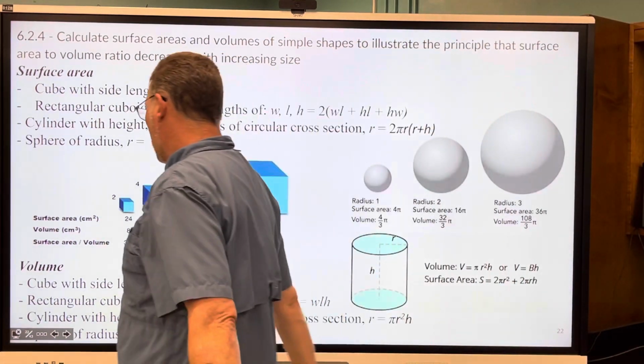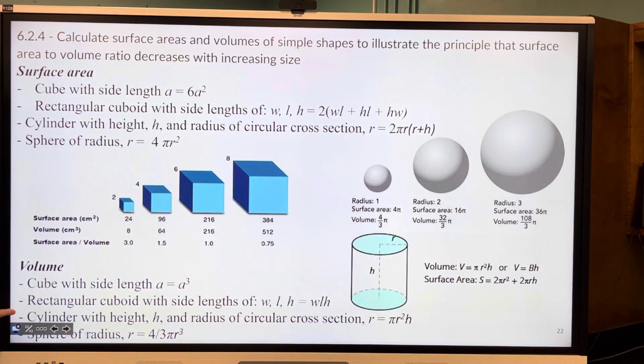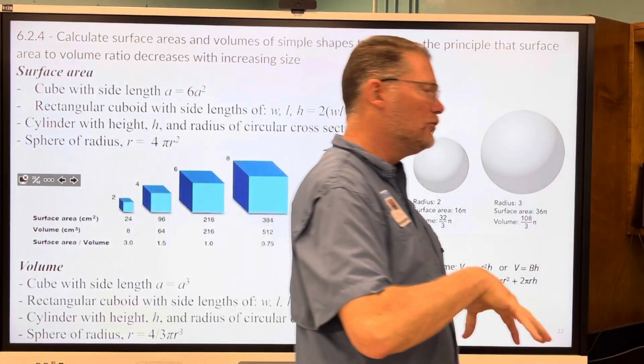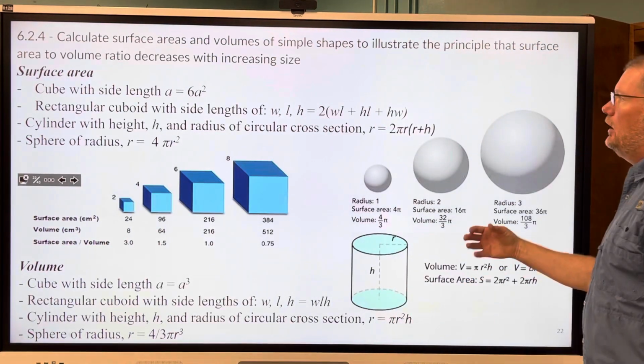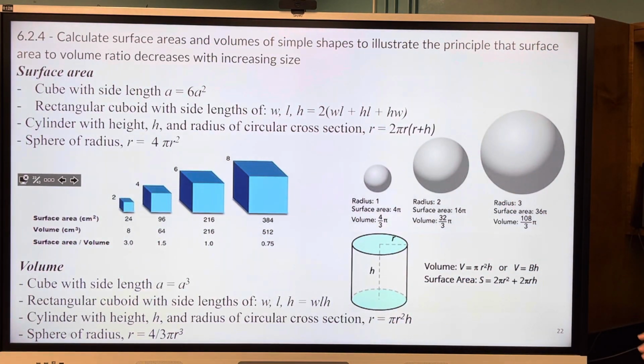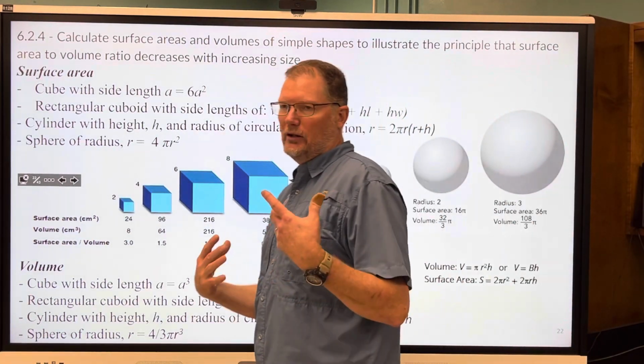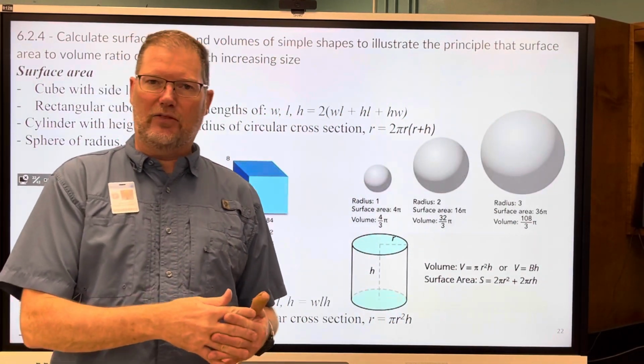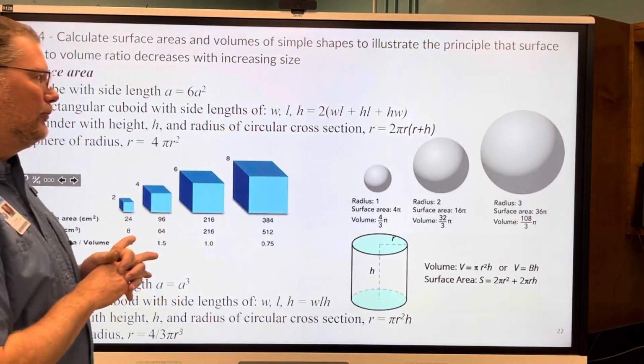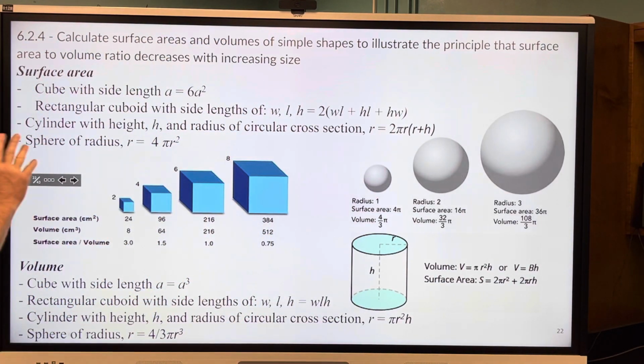Now, we've got a lot here about calculating surface area to volume ratios. In order to do that, we have to have some basic information, and this looks a lot like math, but you really can't have science without math, can you? So, this really requires no explanation.